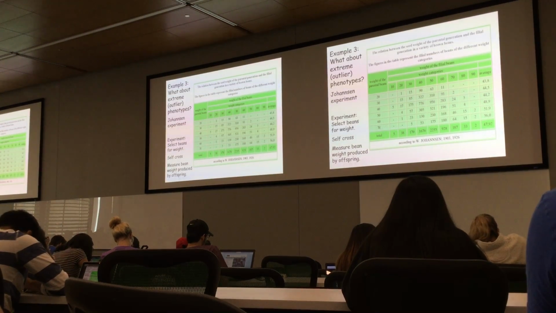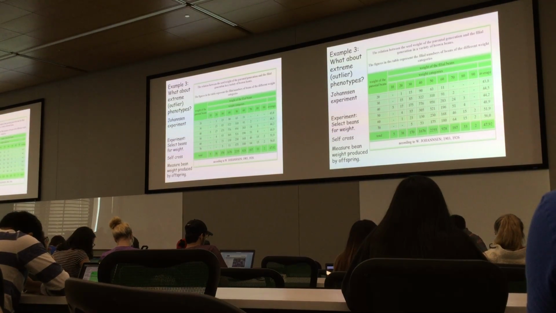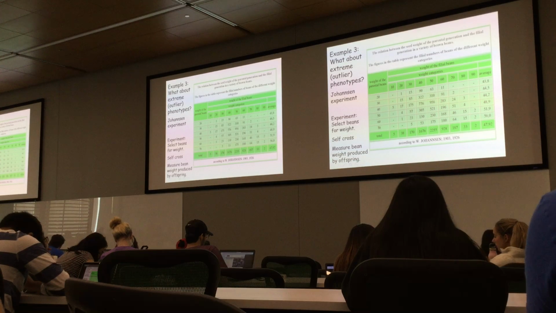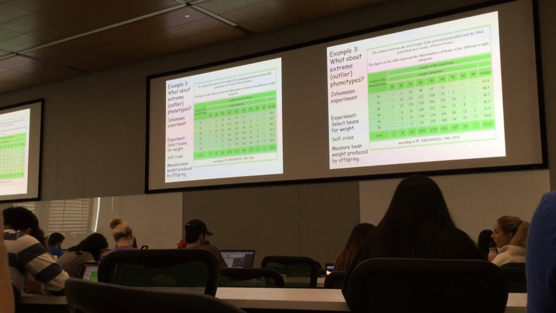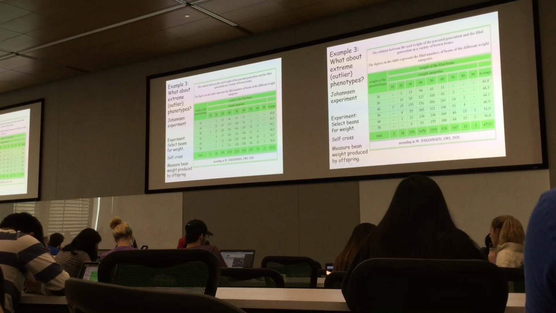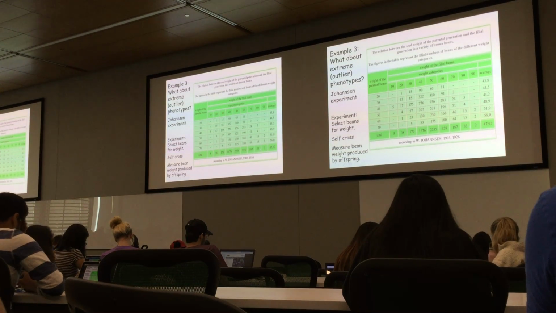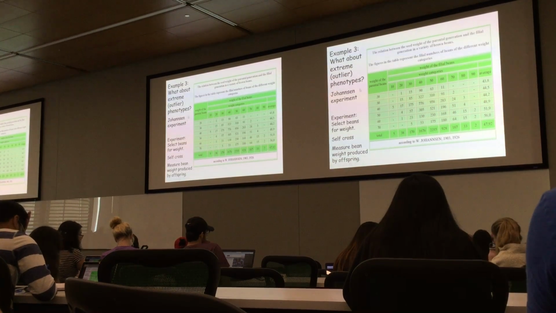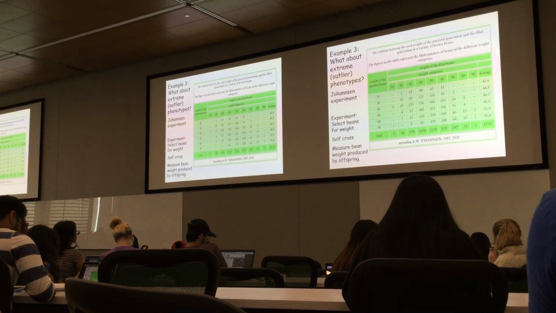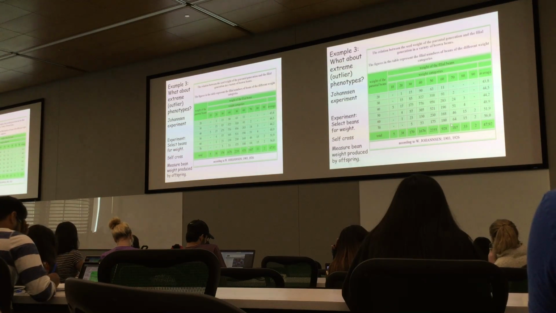So some of the reason that these beans were so heavy is genetic, and some of it is environmental. So this is the idea of the experiment, and we have all these weights. We have some averages. They range from 40-something to 50-something, with an average about 47. So even if you're picking very light beans, the average tends back towards this mean value.